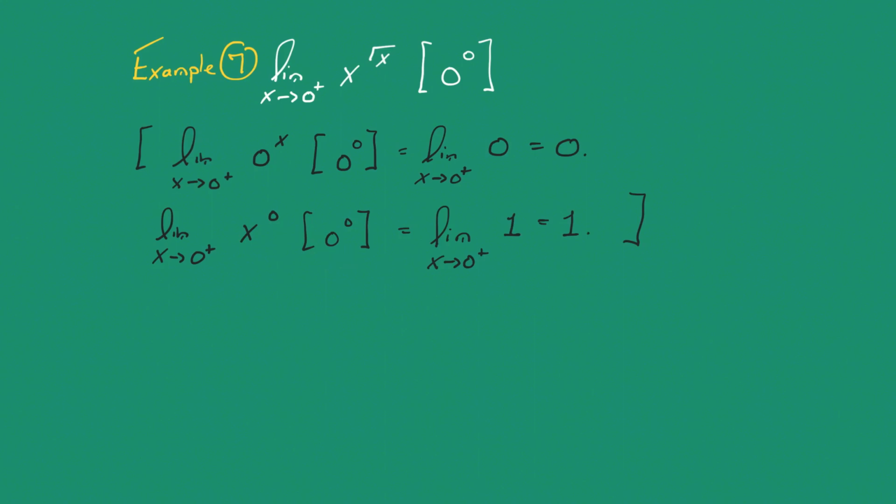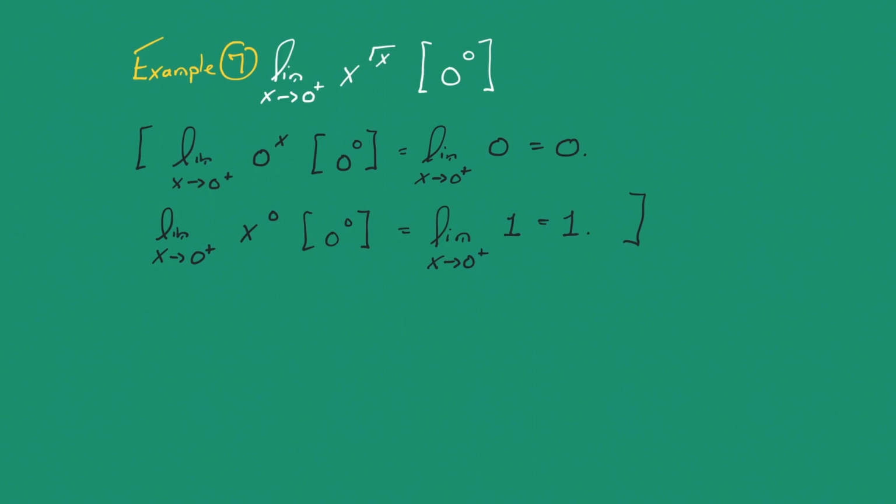For example, if we were to consider the limit as x tends to 0 from the right of 0 to the x, well, this certainly is of type 0 to the 0. And, in fact, for any x bigger than 0, 0 to the x is just equal to 0. So this is just the limit as x tends to 0 from the right of 0, which is 0. All right, so this limit of type 0 to the 0 is 0.